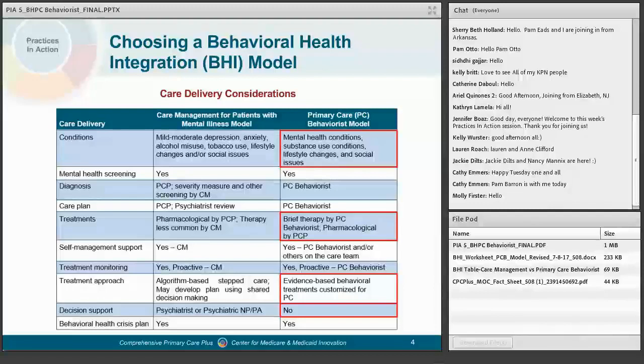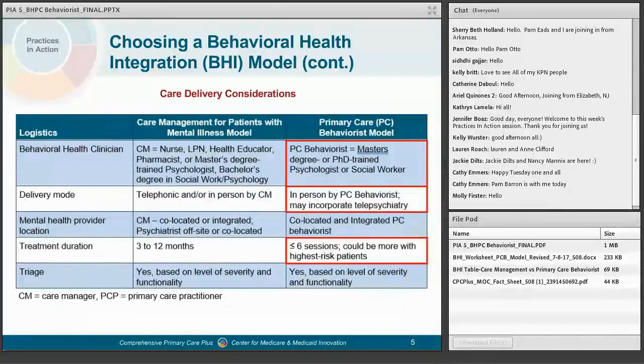As we continue from the previous slide, the primary care behaviorist is generally a master's level or PhD trained behavioral health provider, typically with credentials to independently diagnose certain behavioral health conditions. He or she engages patients in person and on the phone and provides consultation to the care team.